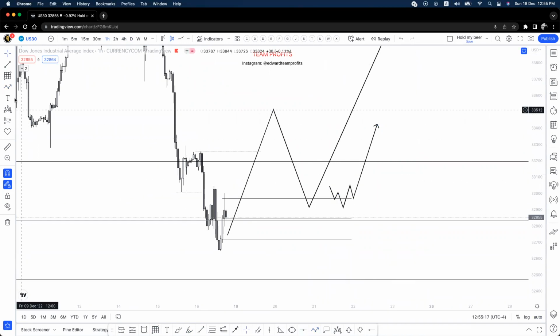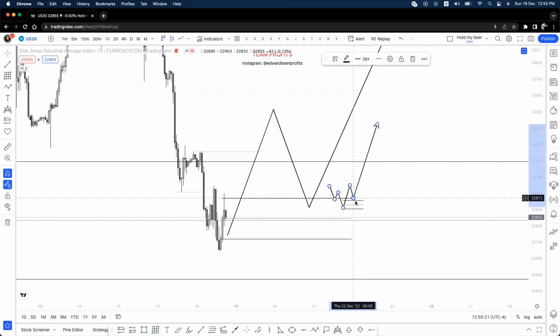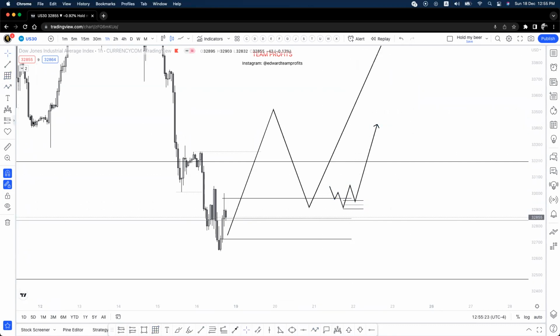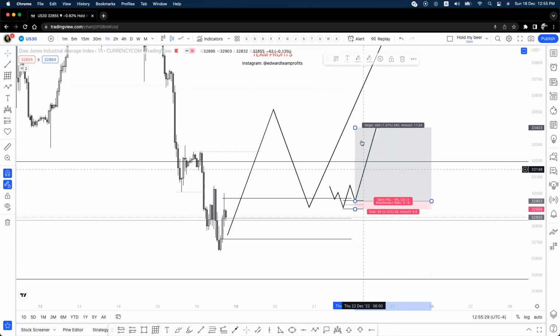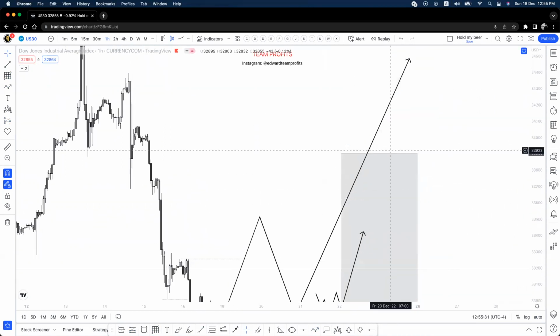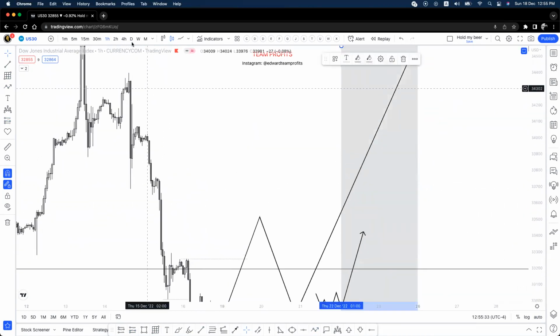So now you can refine even better. You want to look for that order block right there. So that means your position could be here, right? You enter there, you stop here, and you take profit because you know that now you have everything aligned from the daily, H4 and H1.